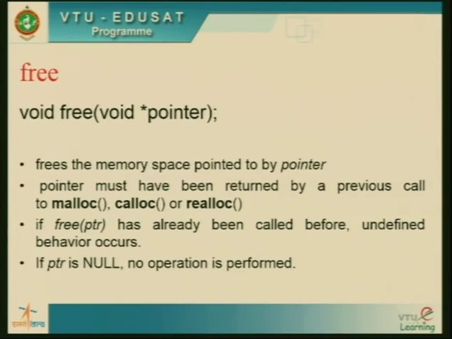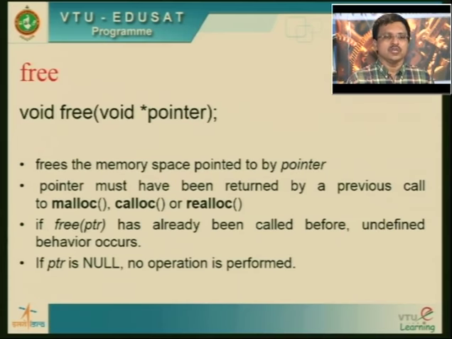In most cases malloc is the function that we use, sometimes calloc, and very rarely realloc. So what you should be most clear about is malloc and free. Free is a very simple thing, but there are some conditions to it. It frees the memory space pointed to by the pointer. That does not mean that you can pass any pointer.